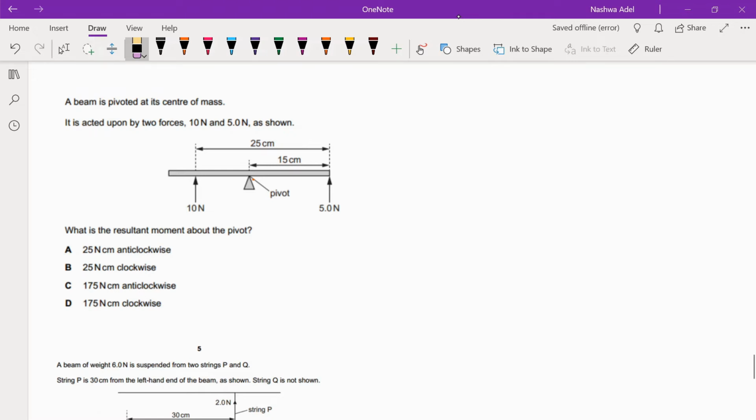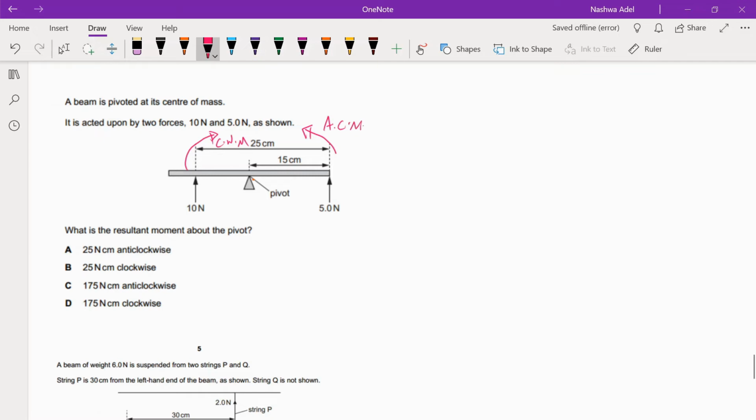Okay, so we have this force pushing the beam in this direction, and this force pushing the beam to rotate in this direction. So this is the clockwise moment, and this is the anti-clockwise moment.